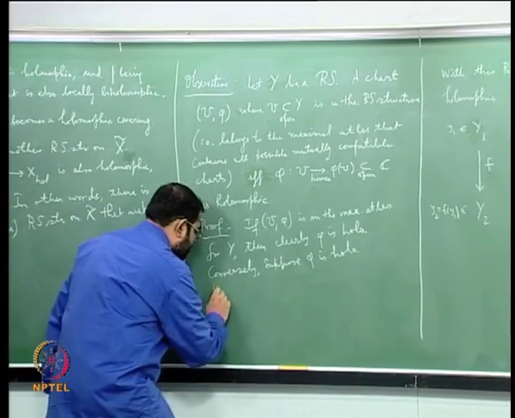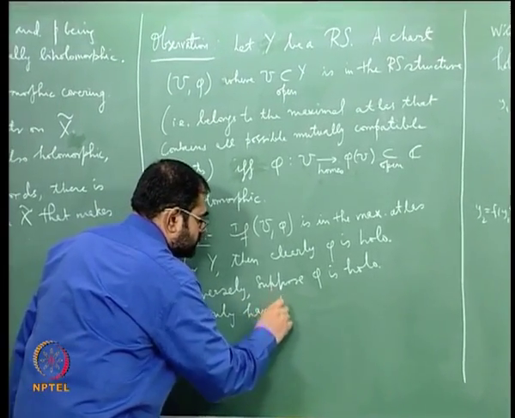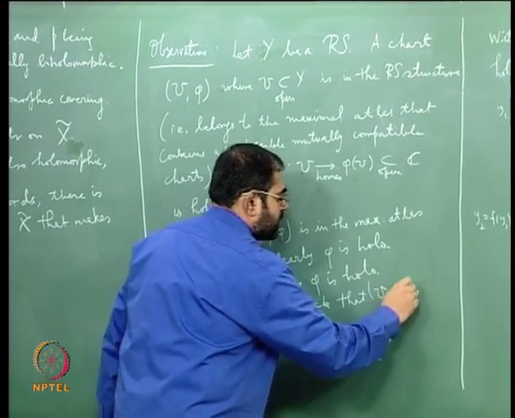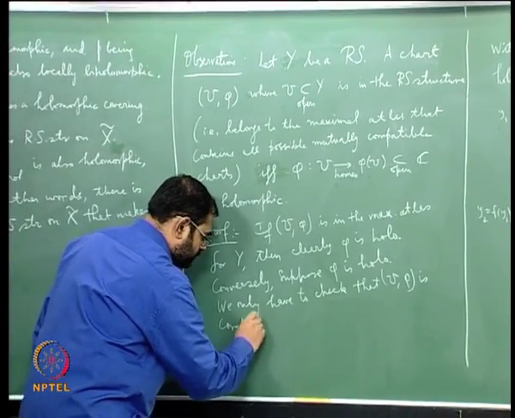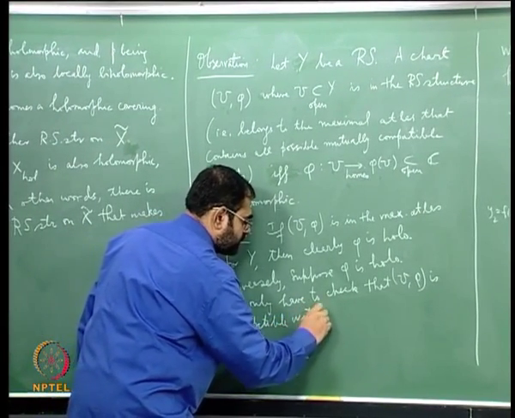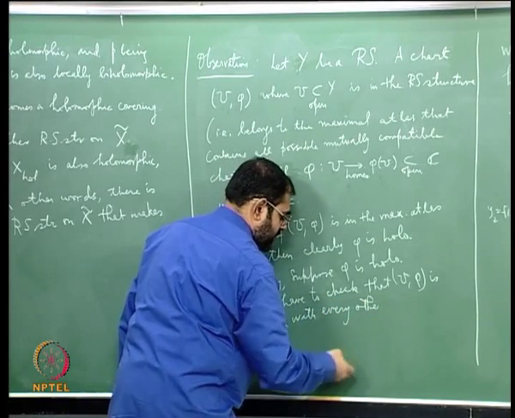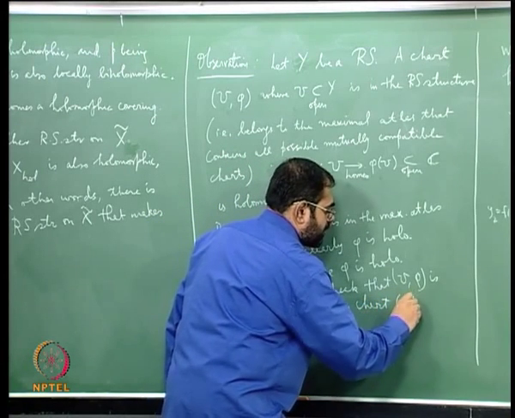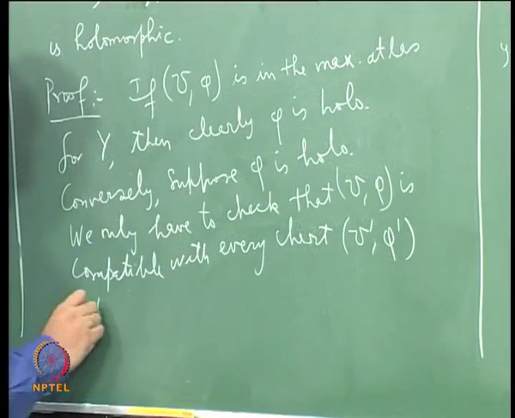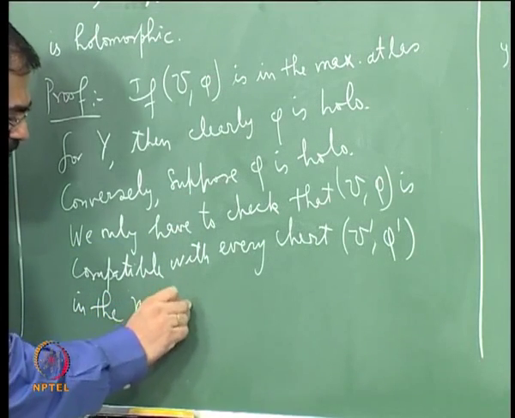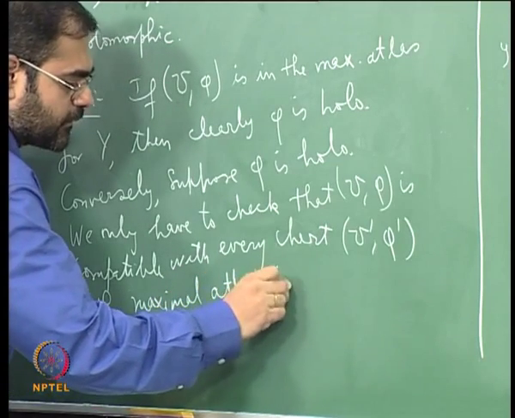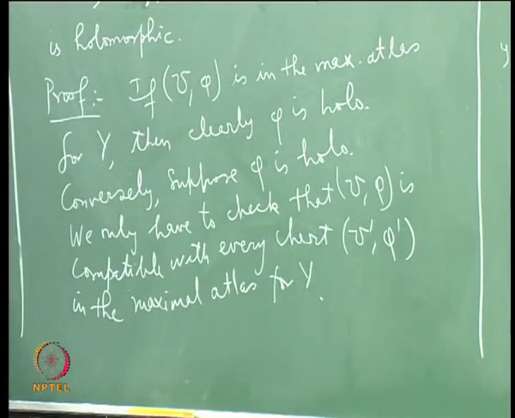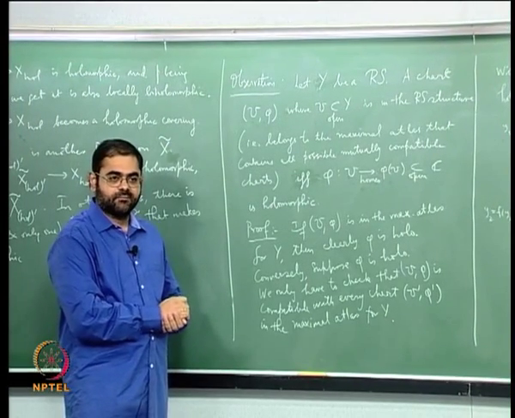So we only have to check that (U, phi) is compatible with every chart (U prime, phi prime) in the maximal atlas for Y. In fact, you need not check with a maximal atlas, you can check with an atlas which consists of a covering.